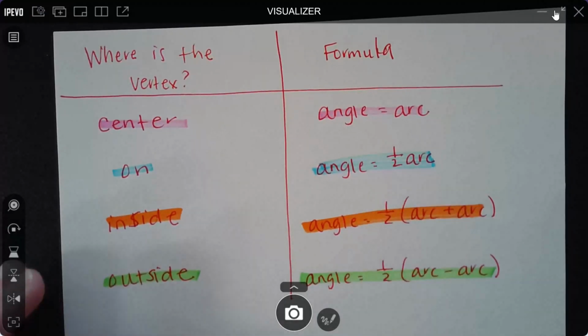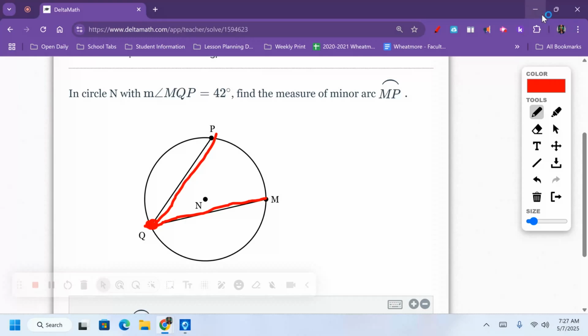So I'm going to write angle equals 1/2 arc. Now on these it's not as difficult, but when you get to equations and expressions representing angles, you need to make sure you know how to write out the formula, okay?